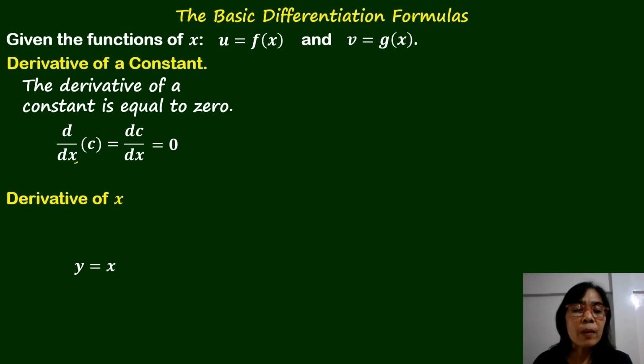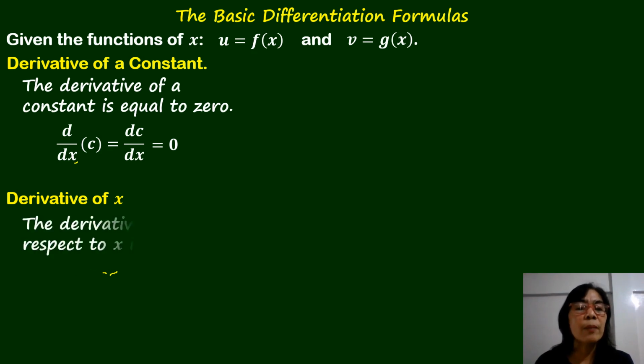Or we can compare this equation with the standard form of the straight line y is equal to mx plus b, where m is the slope of the line. In this equation, the coefficient of x is equal to 1. That means that the slope of the function y is equal to x is equal to 1.